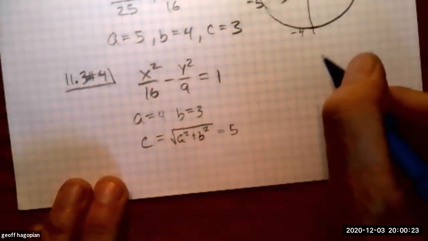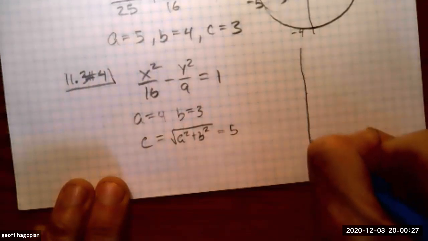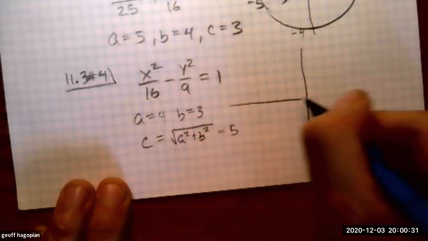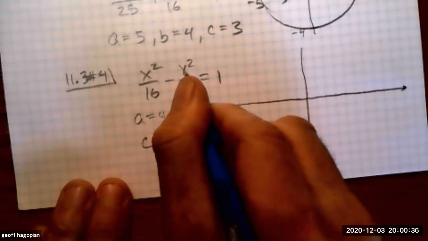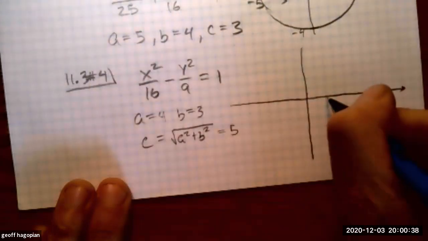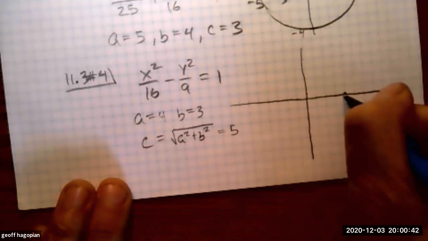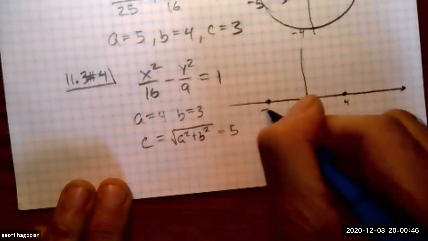Okay, and so when we draw the hyperbola, here's the y-axis. That's going to be the one with no intercepts. If y is equal to 0, then x can be plus or minus 4. So let's draw in 1, 2, 3, 4, and 1, 2, 3, negative 4.